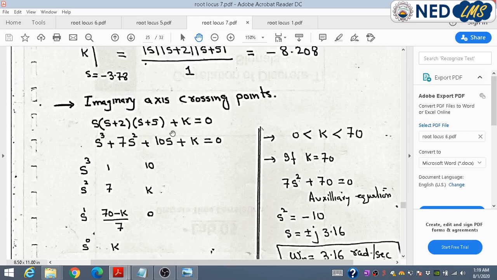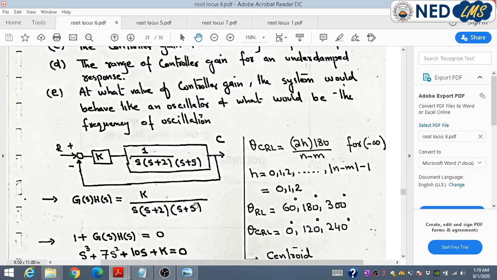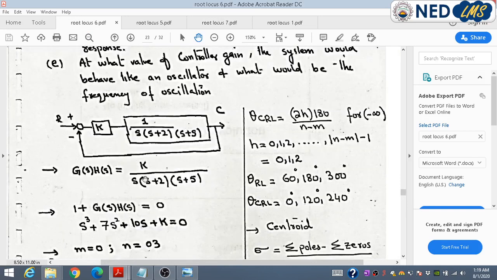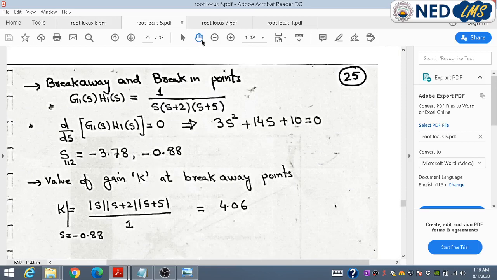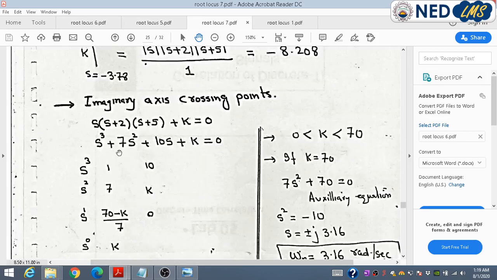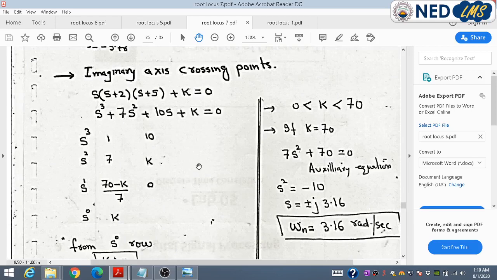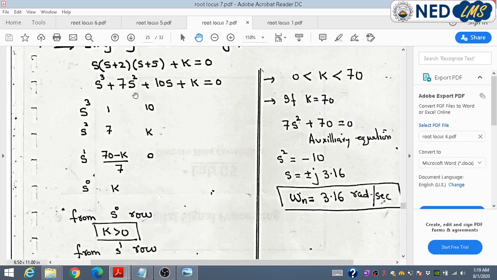Okay, now let's move to find the imaginary axis crossing point. This is the characteristic equation given in our problem, by equating 1 plus G(s)H(s) equal to 0. We have this polynomial. By completing the Routh array, we have to consider the first column only and apply the condition that all the signs of the first column should be positive.